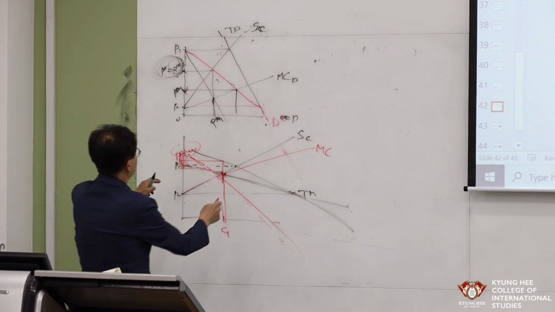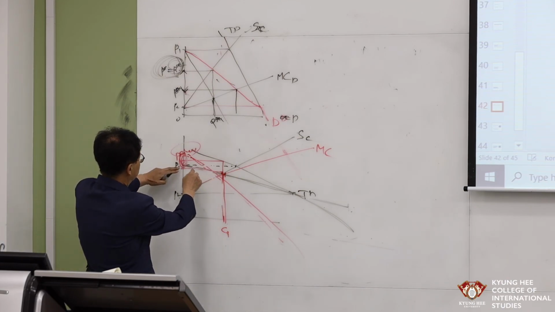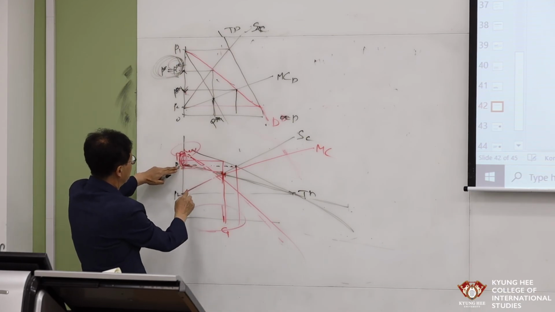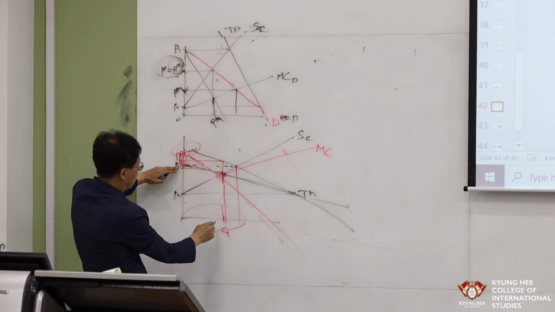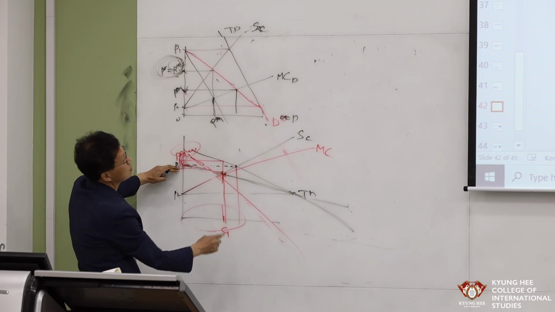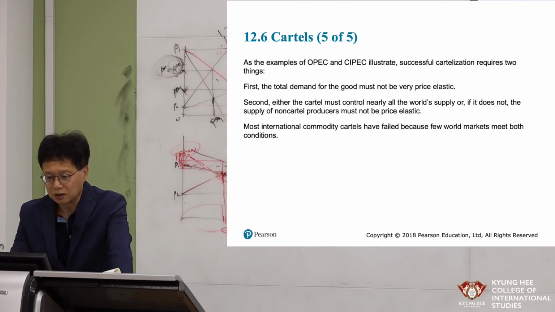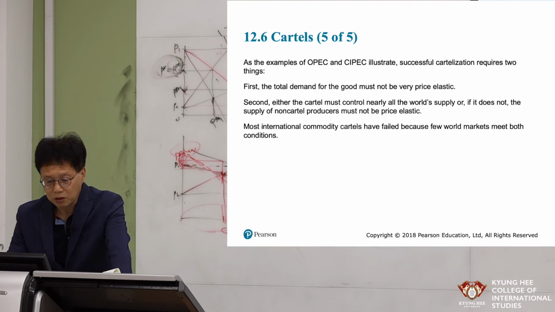So in this case, the fringe firm supply at this price is this one, and CPEC supply is almost the same or smaller than non-cartel supply. That is number two. Most international commodity cartels have failed because few world markets meet both conditions.